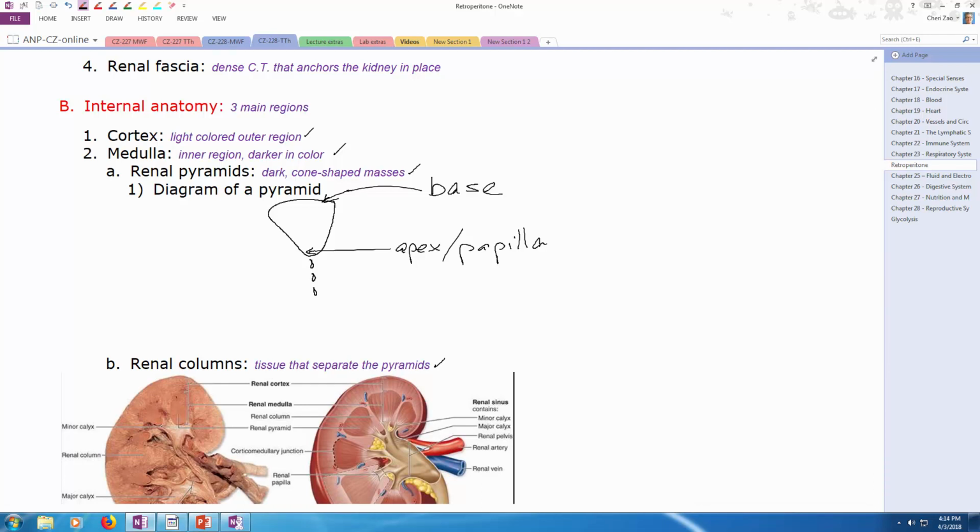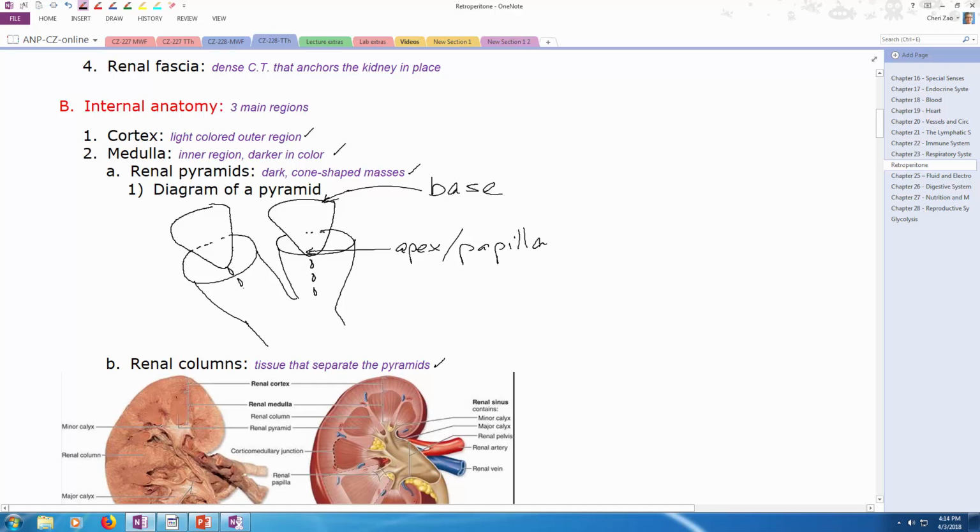It has to go into a vessel. And the collection vessel is called a calyx. And so I'm going to draw a calyx here. And we have several of these pyramids. And so let's draw another pyramid. And let's draw another calyx, and these calyxes come together.